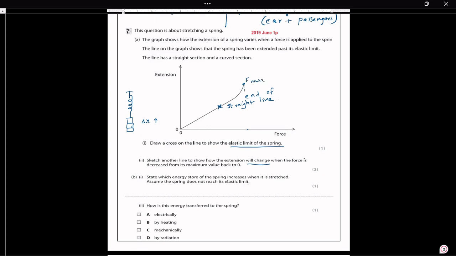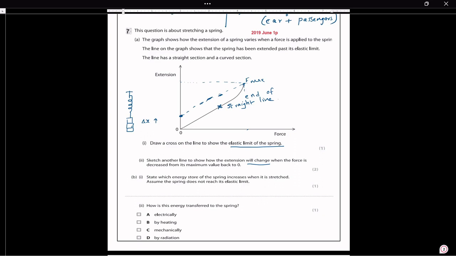So from here, when you are removing it, the extension is decreasing. See, maximum extension is this point. But when you are removing it, this is coming back to this position. So this is the graph. This is the expected line.